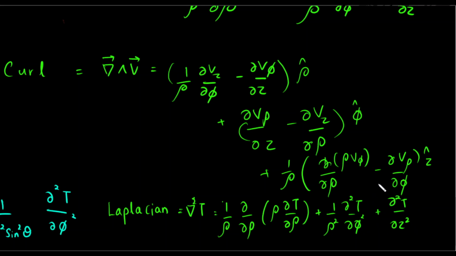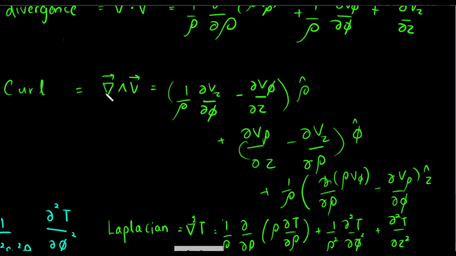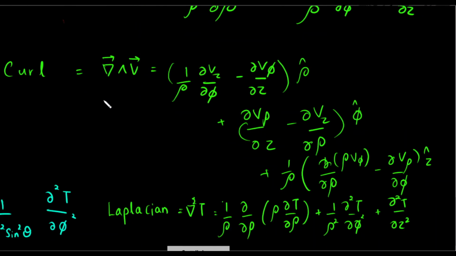So these are the Laplacian, curl, gradient and divergence for the cylindrical coordinates. So now you can have an idea about how much it has changed from the Cartesian coordinate system. Actually, these are complex expressions compared to the Cartesian coordinate systems, but we have to use them on different occasions.